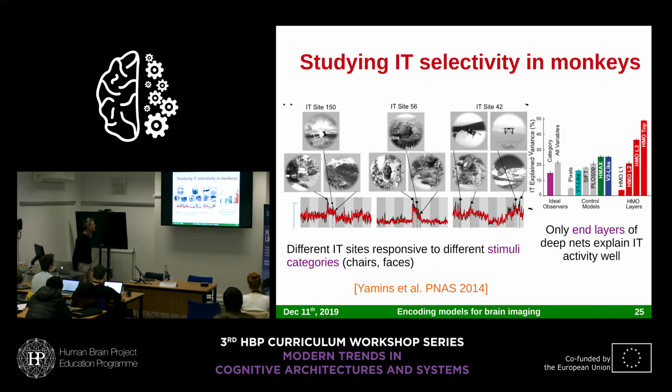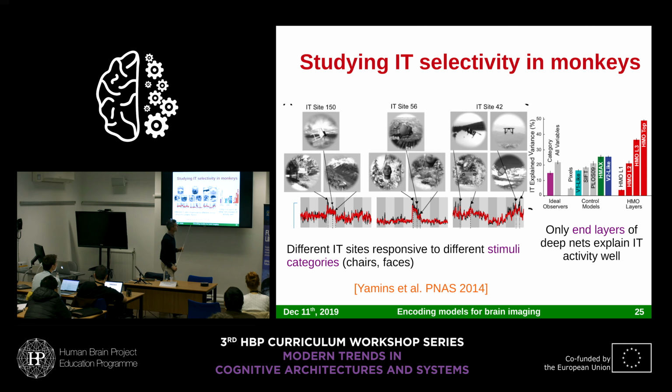And what they found is that some of the neurons in IT were very object specific. For instance, some neurons are chair neurons. They respond when the monkey sees a chair object, or there are some face neurons which respond selectively to faces. Here is one example, for instance.